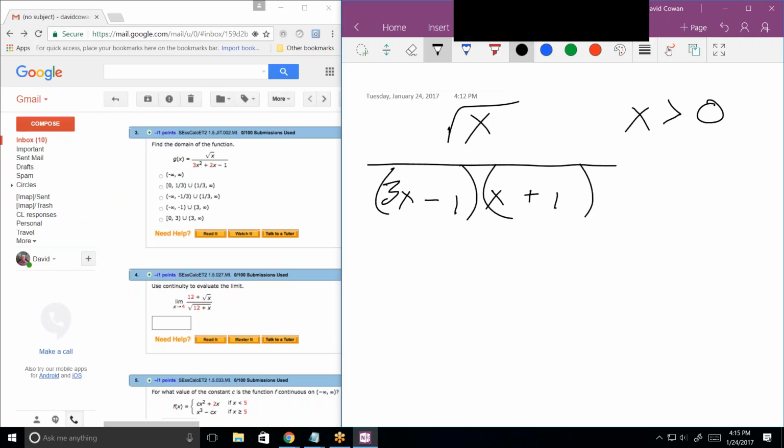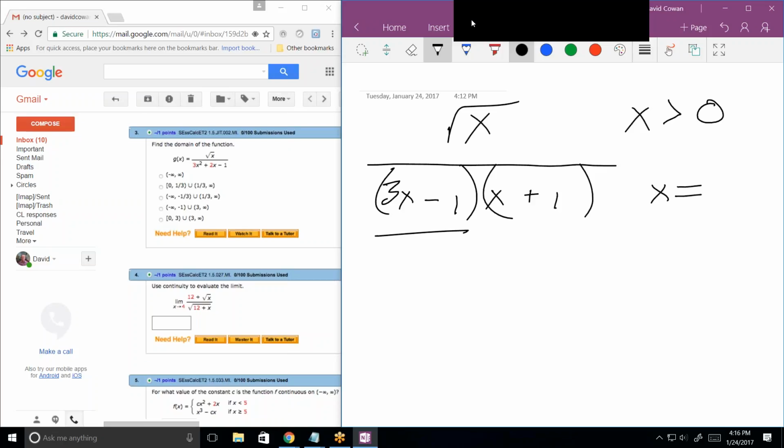Oh, right, yeah. That's huge, because that means that neither that nor that can be allowed to be 0. Okay, well, what does that mean? If this can't be 0, what can x not be? Not 0.